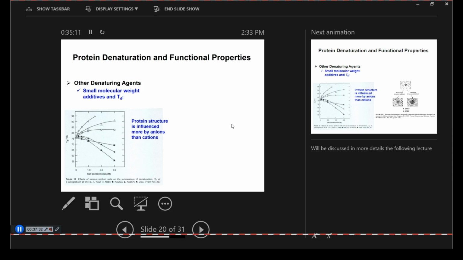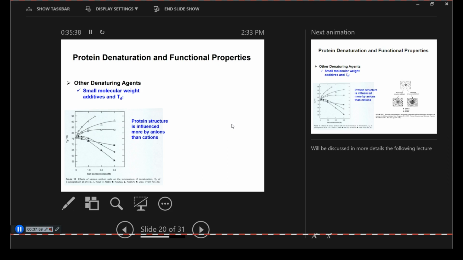So here's just beta-lactoglobulin, and here are salts of sodium. So sodium chloride, sodium bromide, sodium cyanide. So what you have here is the effect of the anions. So the chloride, the bromide, the cyanide.